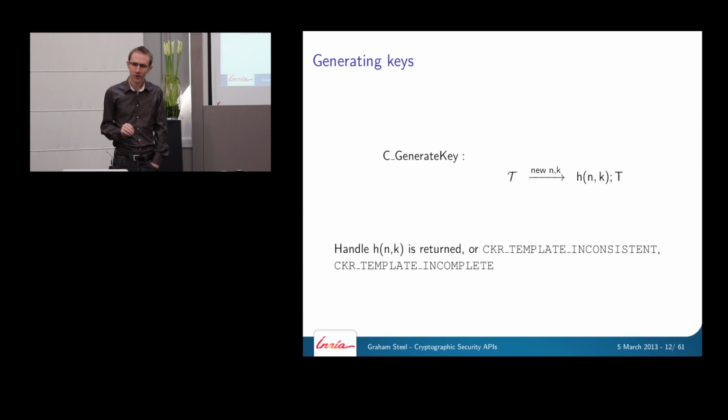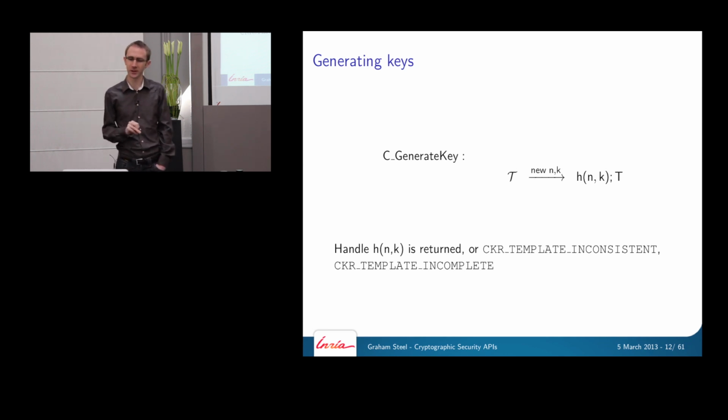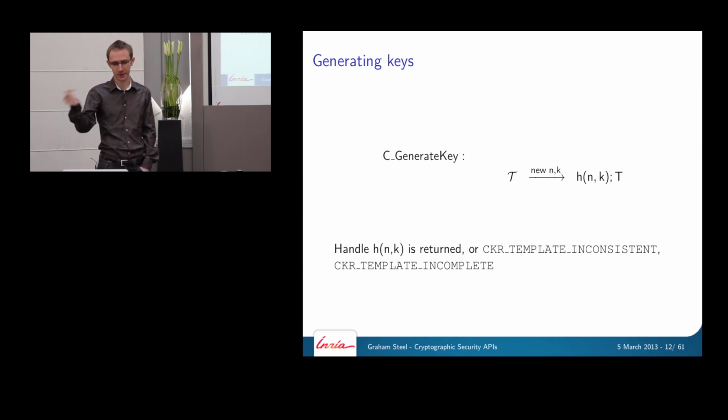But additionally, often implementations of PKCS 11 have taken their own decisions about what is a good template and what is a bad template. Devices that we've tested are liable to take the template that you give, change something about it, and then make you a key which doesn't correspond to what you actually asked for and give it back to you. So you need to be aware of this when you program with PKCS 11, in particular for the practical exercise a bit later.